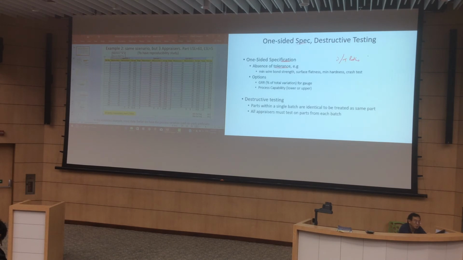Because remember, PT ratio is equal to K sigma GRR over the upper spec limit minus the lower spec limit, right? You don't have a spec tolerance on this one, so you cannot do it. But you can do the total GRR, right?